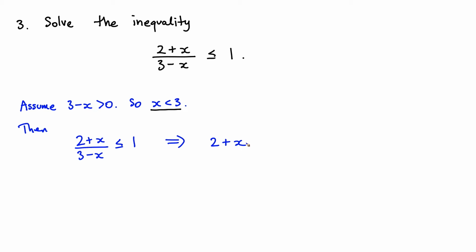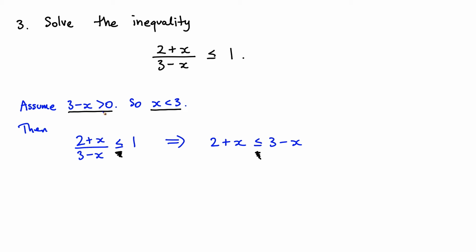That's the whole point about multiplying by it. And then on the right, we get 1 times 3 - x, so we just get 3 - x. Let me emphasize that we started with a less than or equal to, and we still have less than or equal to, because we're assuming that 3 - x is strictly bigger than 0. We're multiplying an inequality by a positive number.